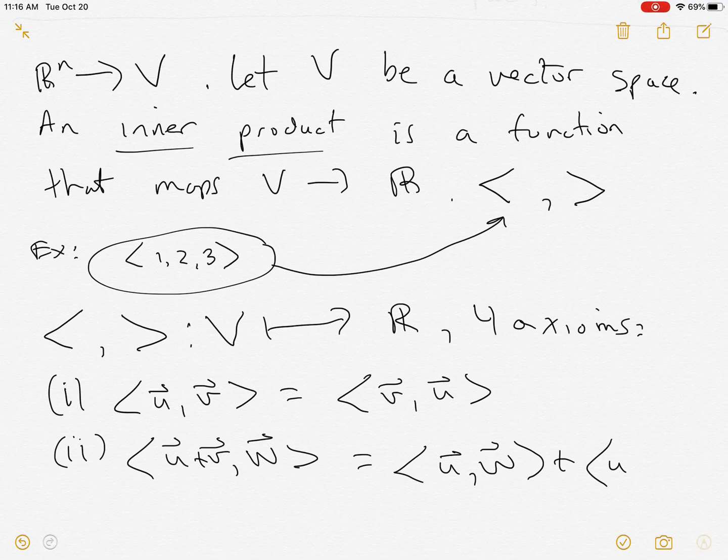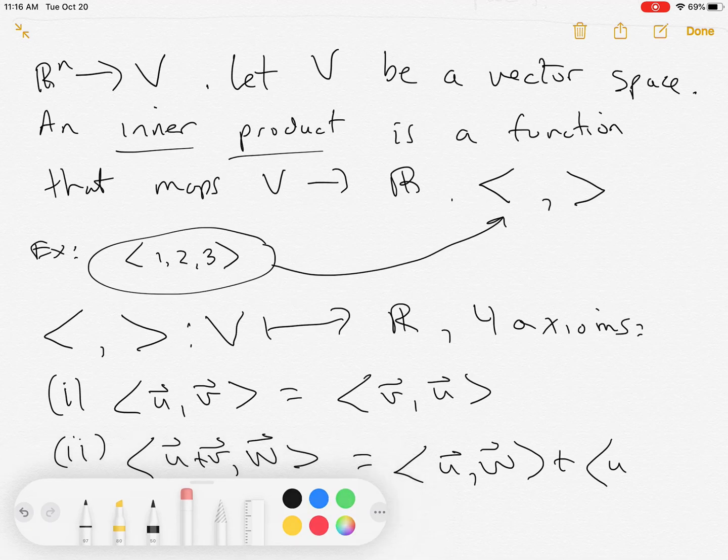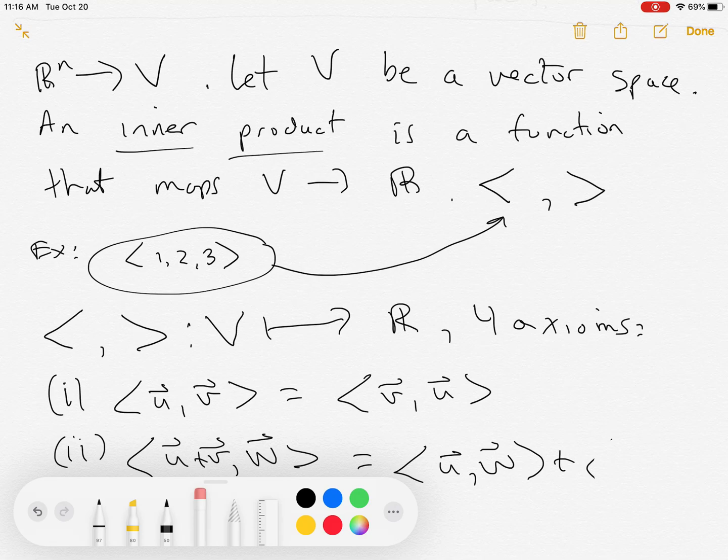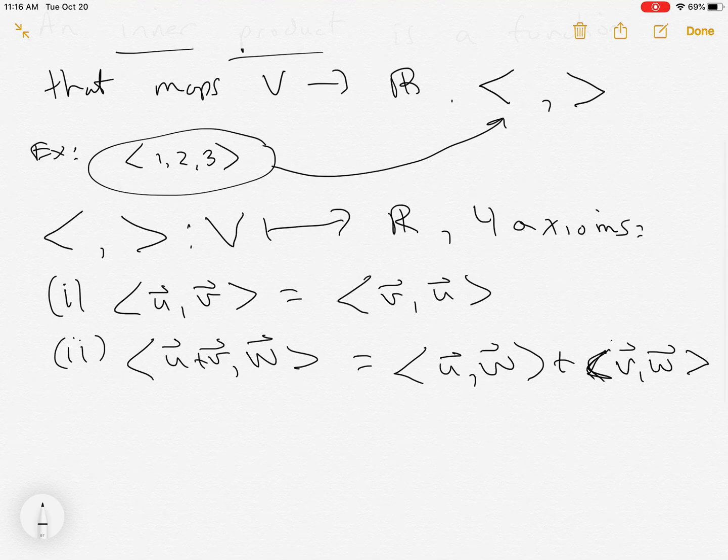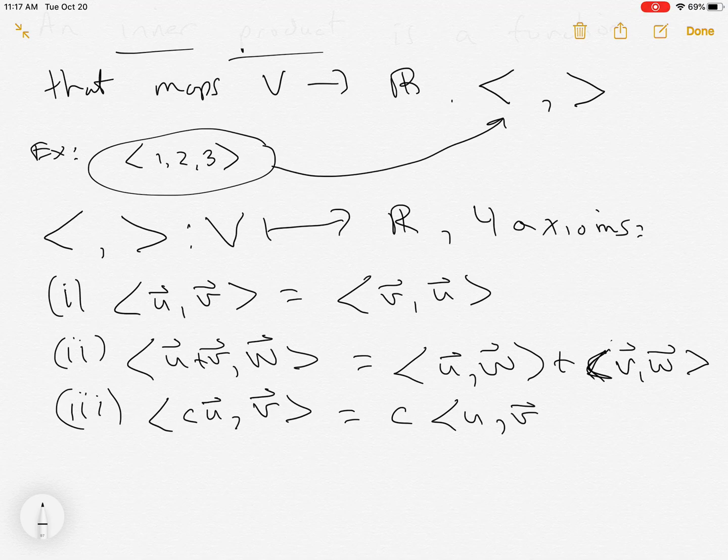That should be, I'm trying to be careful here, plus the inner product of v and w. 3, if you take a vector and multiply it by a scalar c in the first position, this equals c times the inner product of u and v.